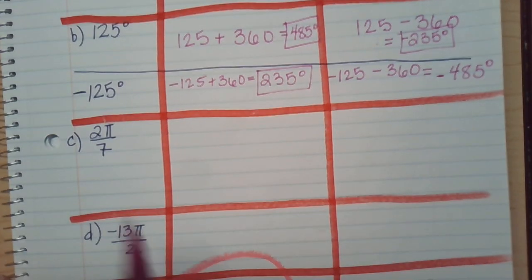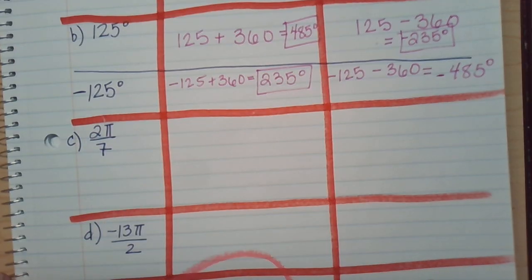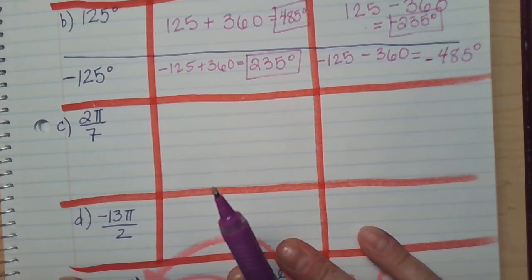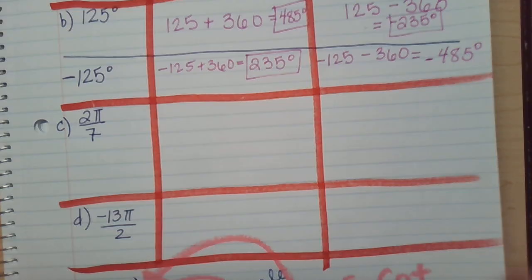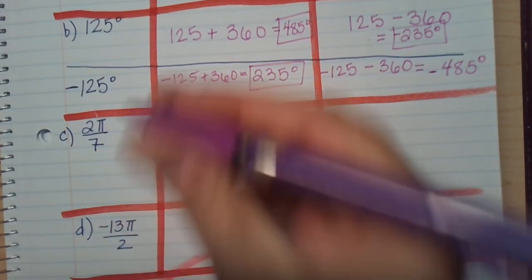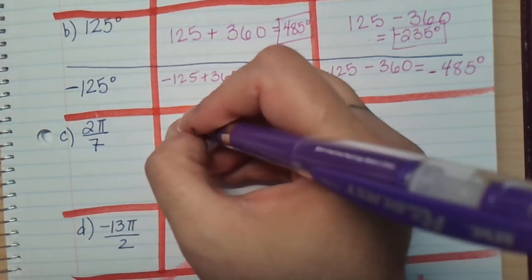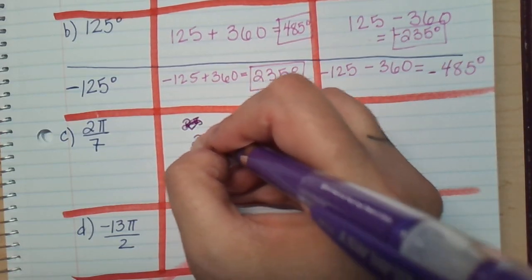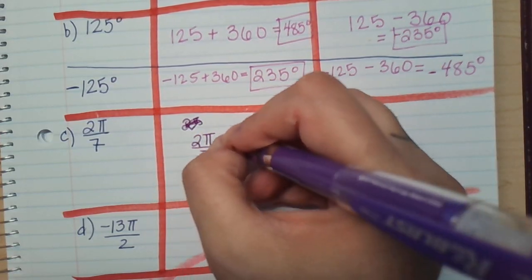Okay, let's look at some pies. For pies, we're going to do the same thing, only instead of adding or subtracting 360, we're going to use the pi equivalent, which the equivalent to 360 is 2 pi. So to make a positive, we're going to add 2 pi.